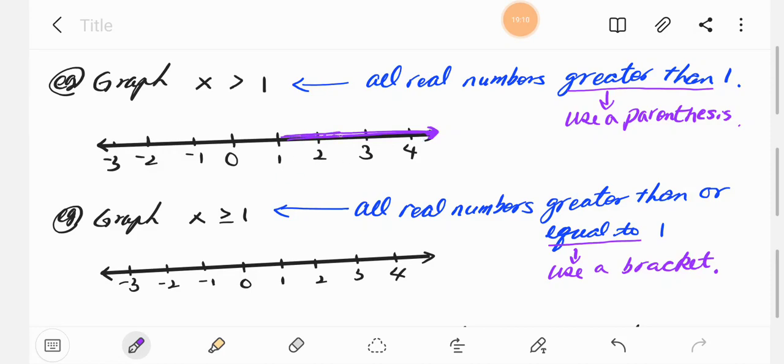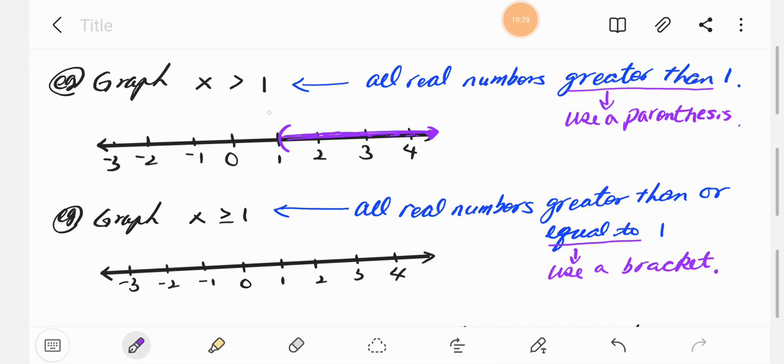All the numbers on this purple line are greater than 1, and 1 is not included, so we put a parenthesis.